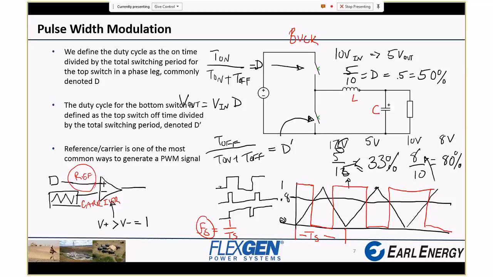Just for implementation's sake, the duty cycle is not really between 0 and 1. It's between 0 and 2 to the n, where n is the number of bits in a digital system. And the triangle wave has to be scaled for the switching frequency, but this is basically what it's trying to recreate.